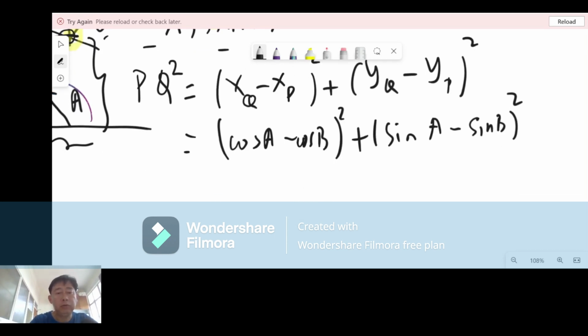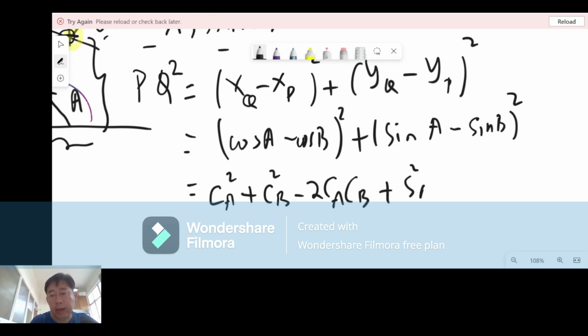This can be easily simplified to cos squared A plus cos squared B minus 2 cos A cos B, plus sine squared A plus sine squared B minus 2 sine A sine B. You realize that the sum of cos squared A and sine squared A will give you 1.